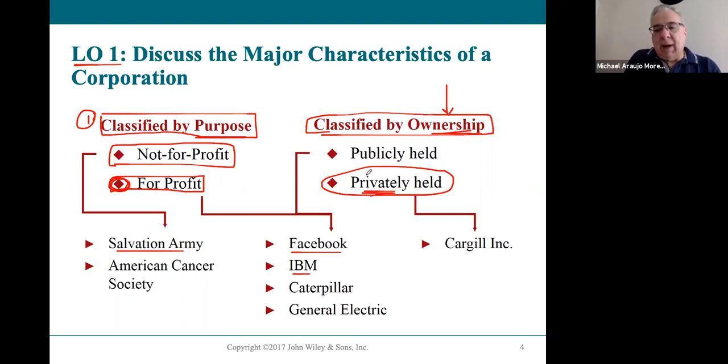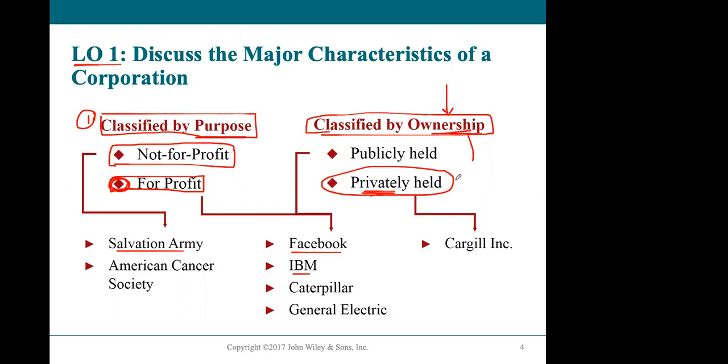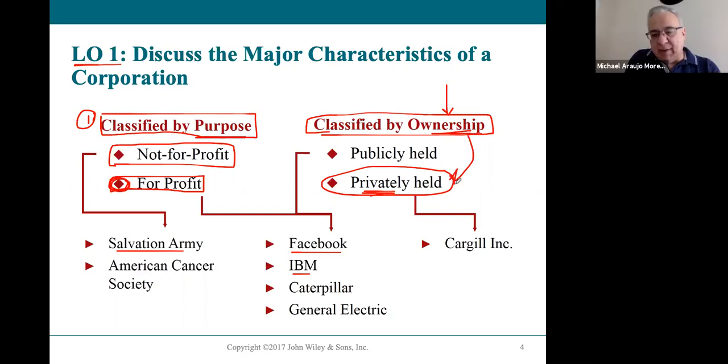But ownership of most corporations is privately held, which means that the only people who own the stock, and the only people who can own the stock, are the private people involved in the company. There are a lot of companies that are still like that today. As a matter of fact, most companies are privately held corporations.